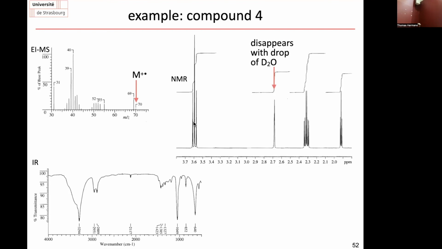And then this one looks kind of twice the size. This triplet of doublets looks like twice as high in the integral. So this is probably 2 protons. And that one, the triplet, also kind of looks the same height. So this is probably also 2 protons.